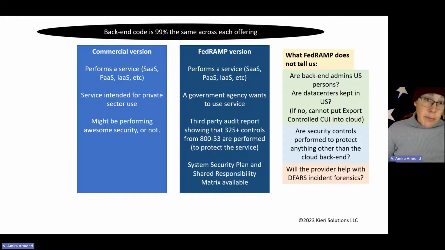It needs at least one government agency to say, I want to use you, right? It's that sponsorship process. Because remember, FedRAMP is meant for federal agencies to use that cloud, not defense contractors, definitely not private sector.